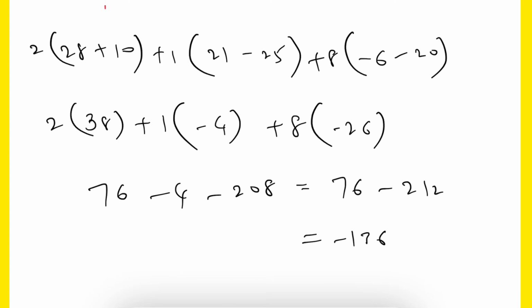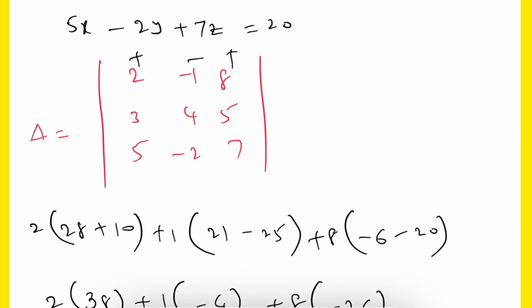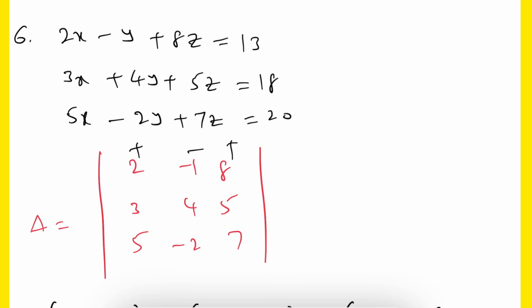Now delta 1 we need to find out. So how to find out this delta 1 value then? Delta 1 is nothing but first column we need to exchange with the constant values. So first column here we have 2 3 5. That 2 3 5 should be replaced with 13, 18, 20.